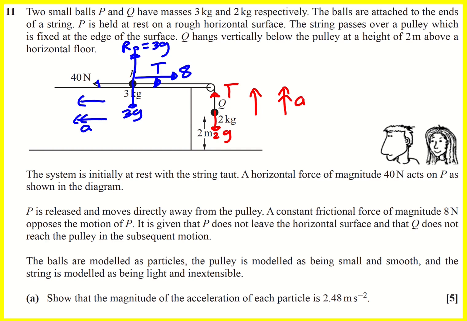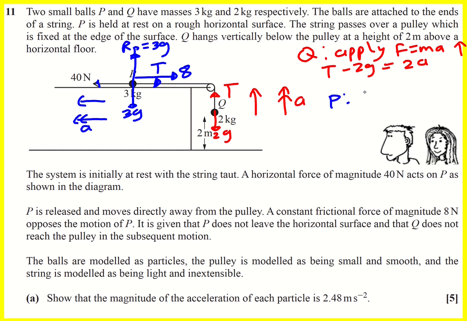So let's take a look at, first of all, Q, which is slightly simpler. Apply F equals ma up. T minus 2g is therefore going to equal 2a.